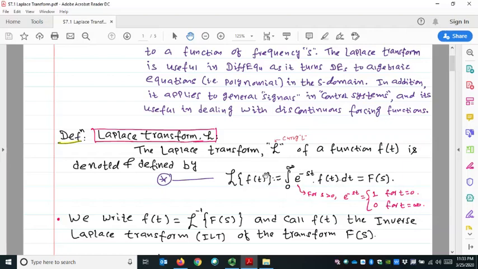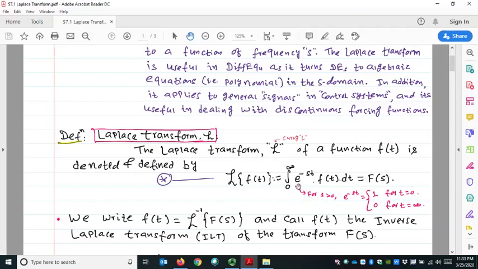Whatever function we are finding the Laplace transform of, just put it here and we multiply that function by this exponentially decaying function. And then after we evaluate this improper integral, it turns out to be a function of s, so we denote it by capital F(s). So the Laplace transform of little f(t) is capital F(s).